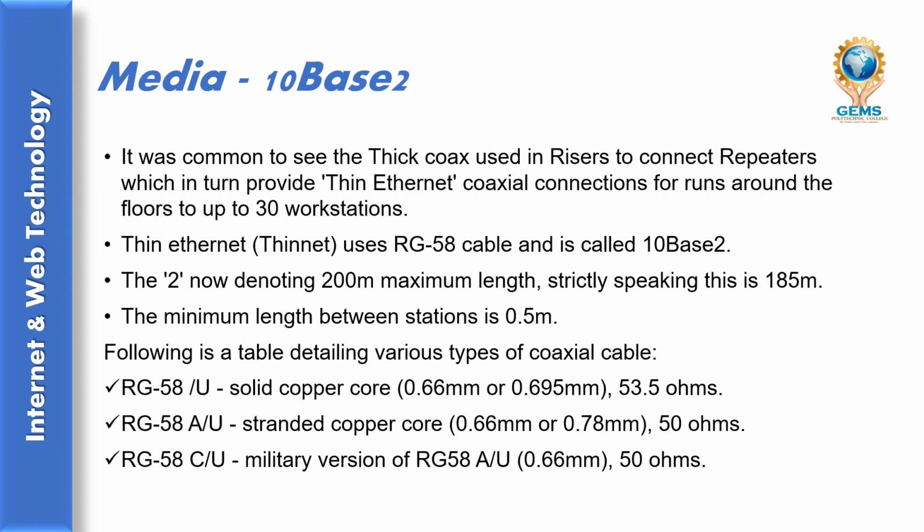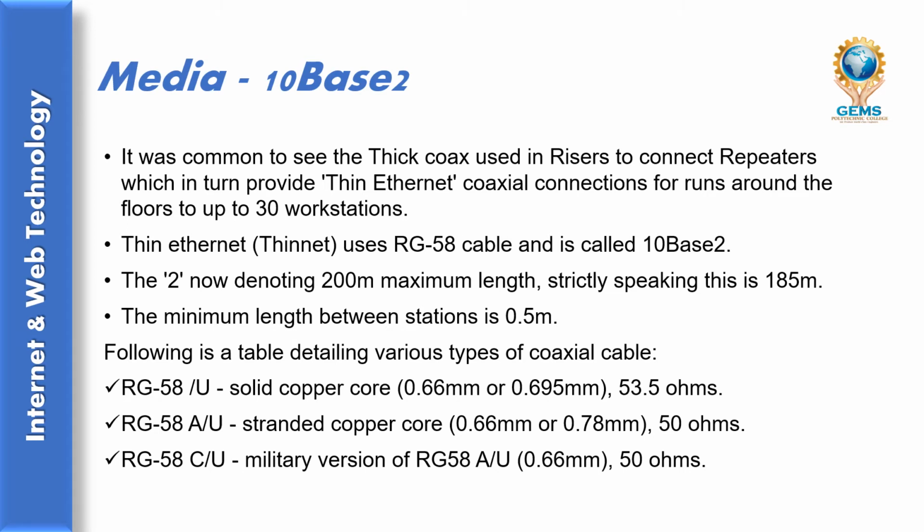Second one, 10Base2. It is also common to see thick coax used to connect repeaters, which in turn provide the thin Ethernet coaxial connections for runs around the floors to up to 30 workstations.